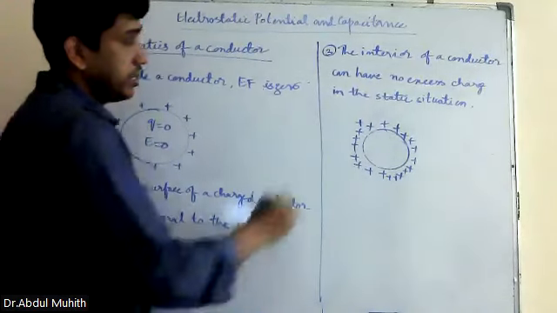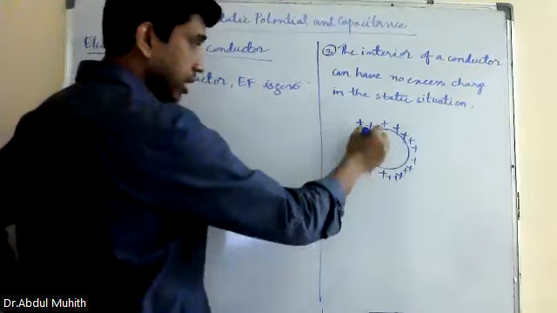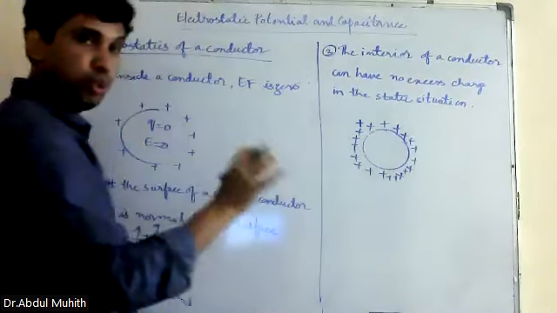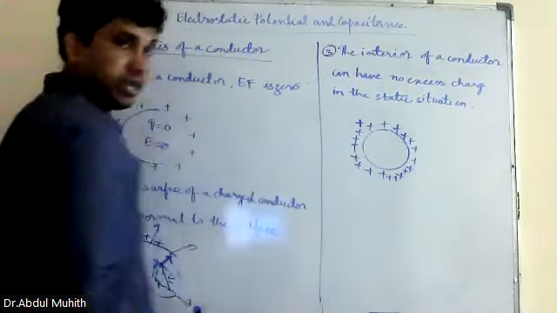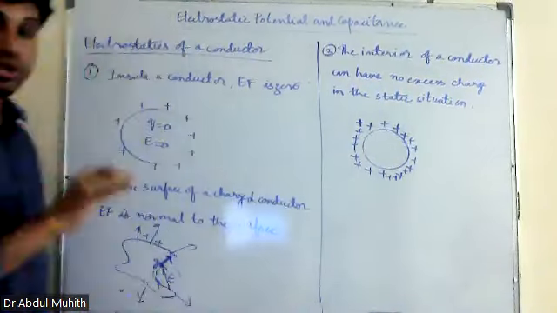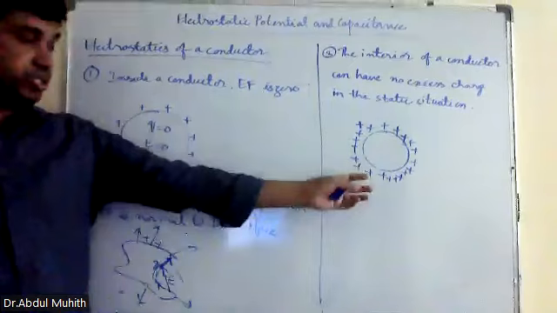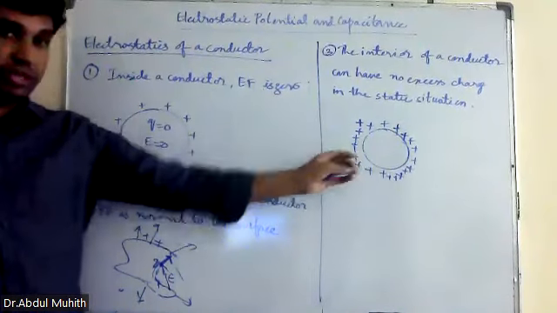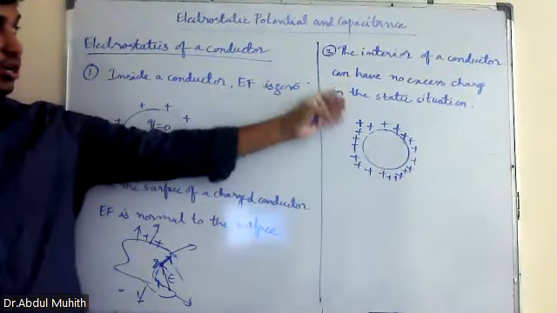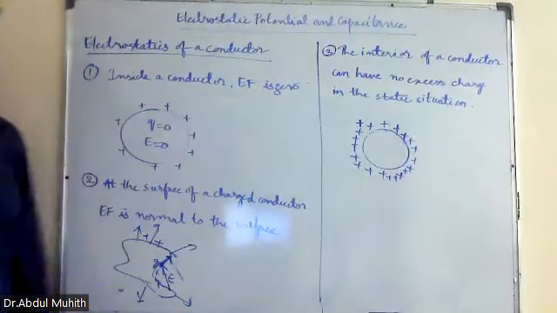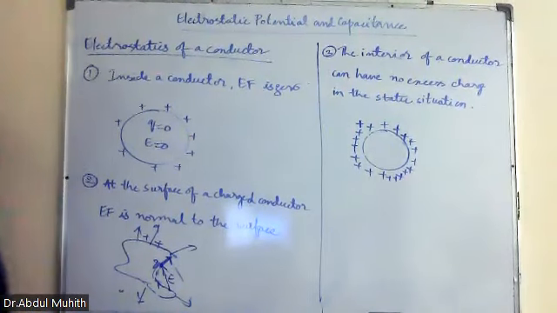The extra charges will still be on the surface. If it is not able to cope, there will be a spark, but it won't go inside the body. Understood? So once again, if you keep adding charges on the body, they go on the surface and not inside. So the interior of a conductor can have no excess charge in the static situation. This is the third point.